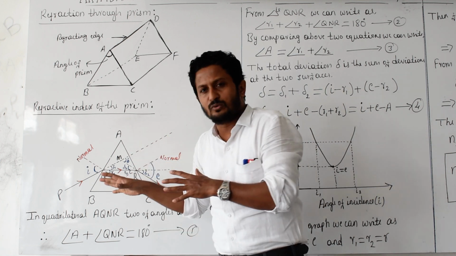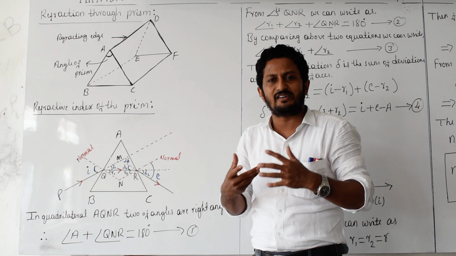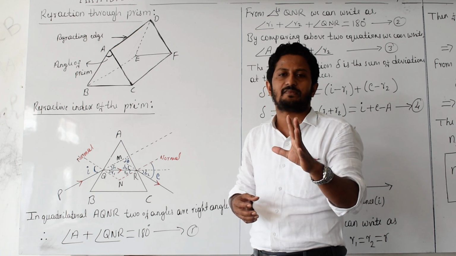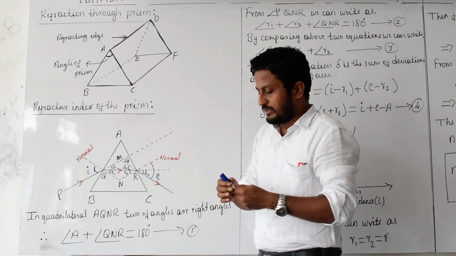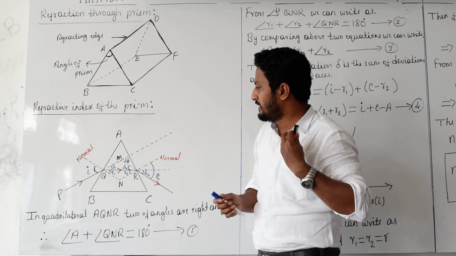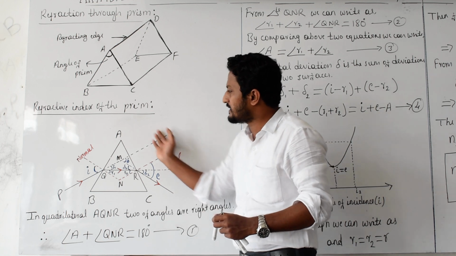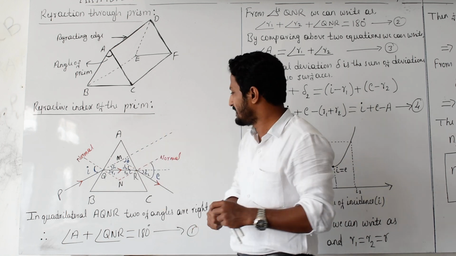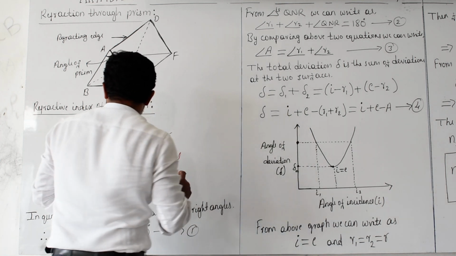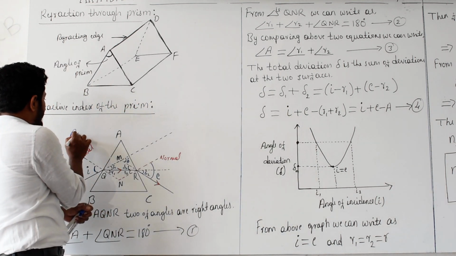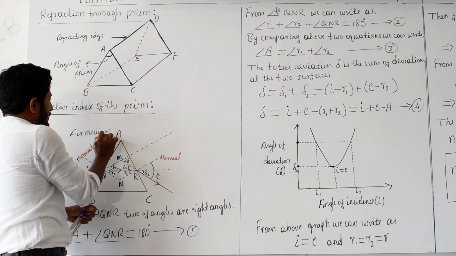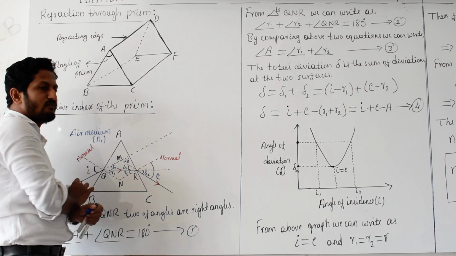Here we are going to discuss how the refraction phenomenon takes place through this prism. Firstly, you should know that this prism is surrounded by a homogeneous medium called air. See here, an air medium is there, of refractive index N1.